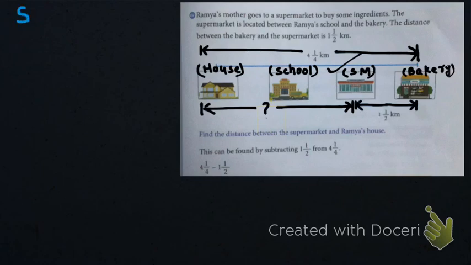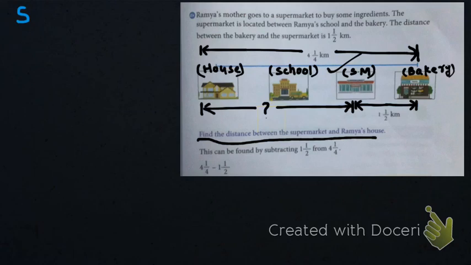Now students, what we have to do is find the distance between the supermarket and Ramya's house. Where is the supermarket? Here in third number you have supermarket and house.